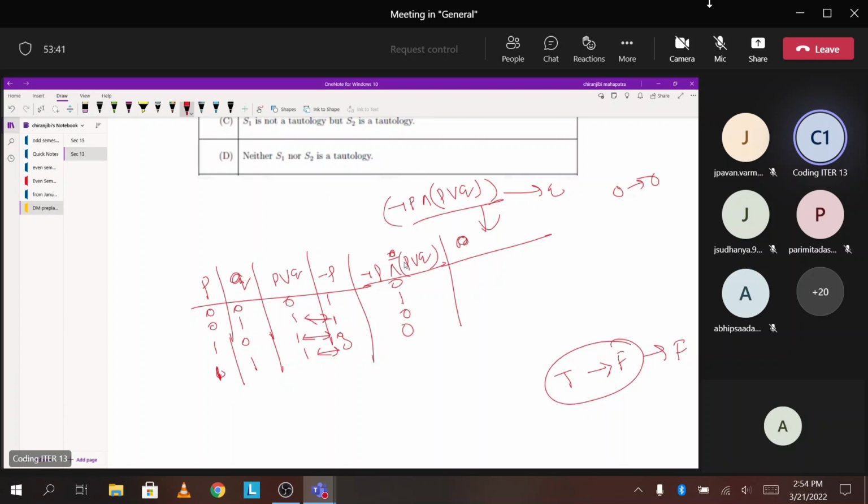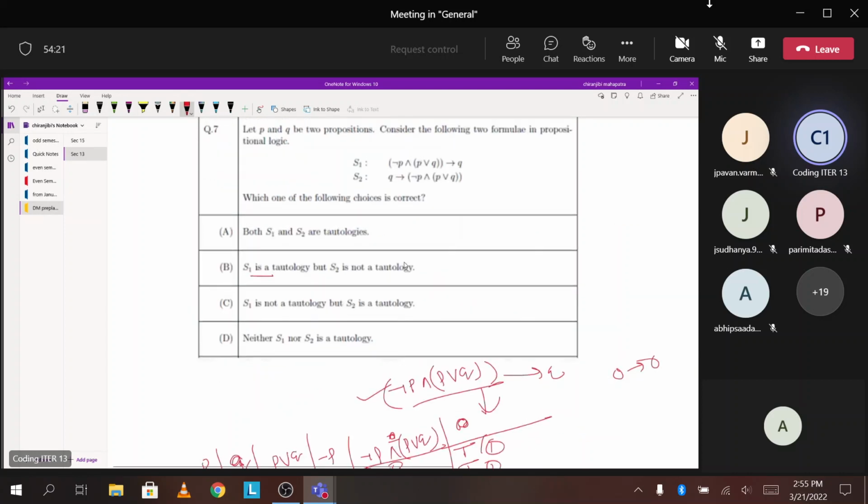Okay, so 0 to 0 that is true, 1 to 1 that is true, 0 to 0 that is true, 0 to 1, that is also true. Only 1 to 0, that case it will be false. In other cases that will be true. Okay, or you can say true or one. So that means it is always true actually. So that means it is a tautology. That's correct. That S1 is a tautology.